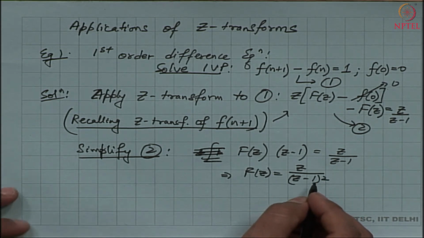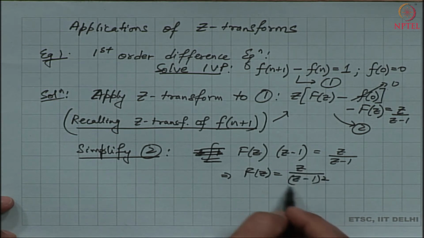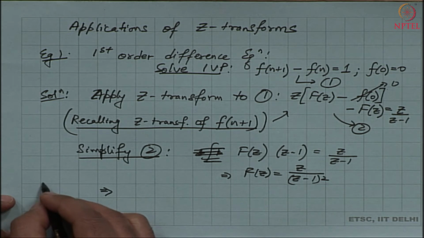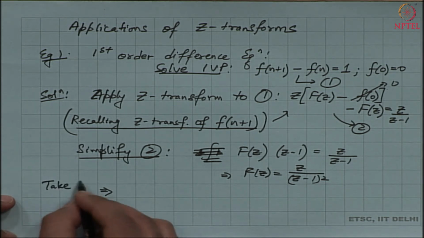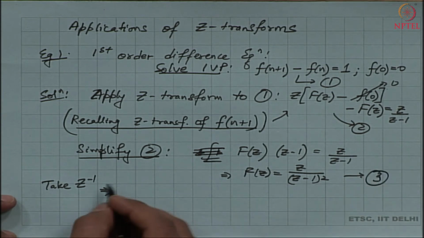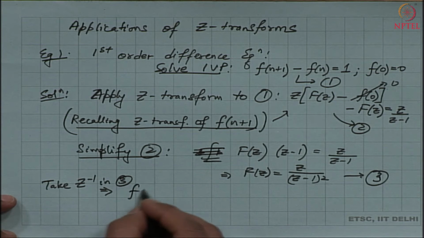Now notice that this is the Z transform of a well known expression. Let me call this 3. Taking the inverse Z transform in 3, I get back my answer.